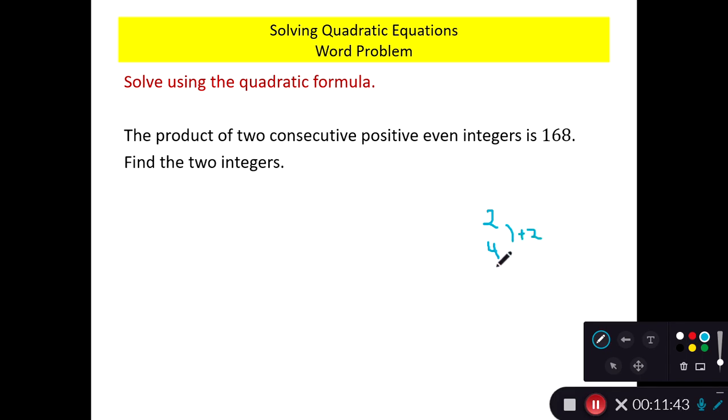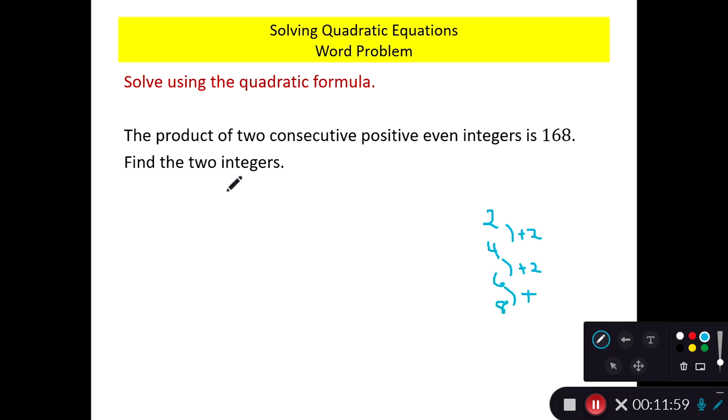How did I get to the next one from 4? Well, that's 6, right? And what did I do? I added 2. And if I started at 6 and wanted to get to the next one, 8, I'd add 2.